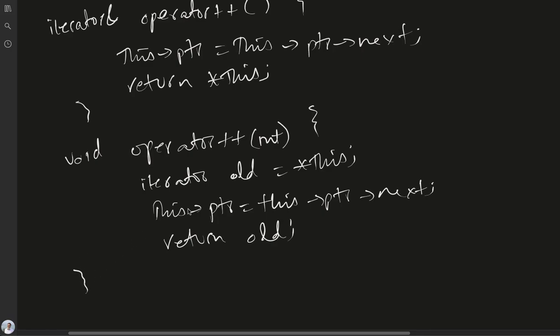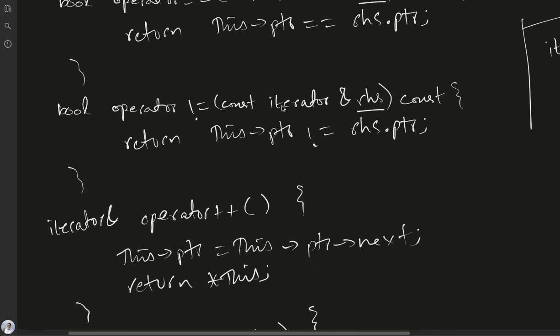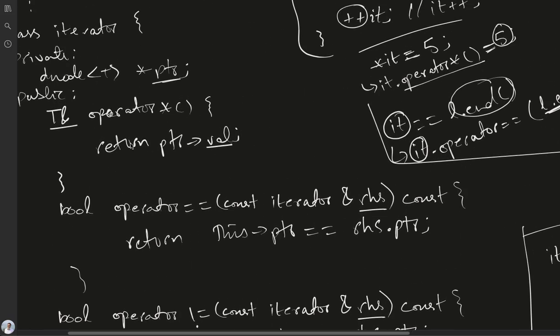So this is how post increment operator works. Instead of moving it to the next node explicitly, we can also call the pre-increment operator here. So that's it. We have implemented a few functions for the iterator class.